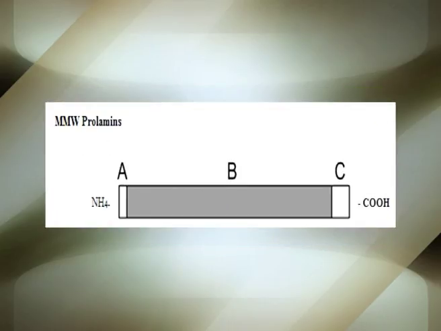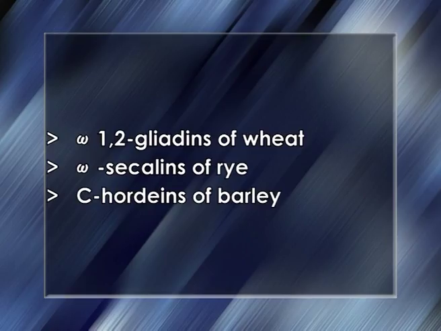The medium molecular weight group, which is sulfur-poor prolamins, consists of the homologous omega-1,2 gliadins of wheat, omega-secalins of rye, and C-hordein of barley. These proteins consist of 320 to 380 amino acid residues, which correspond to molecular weights of around 40,000.